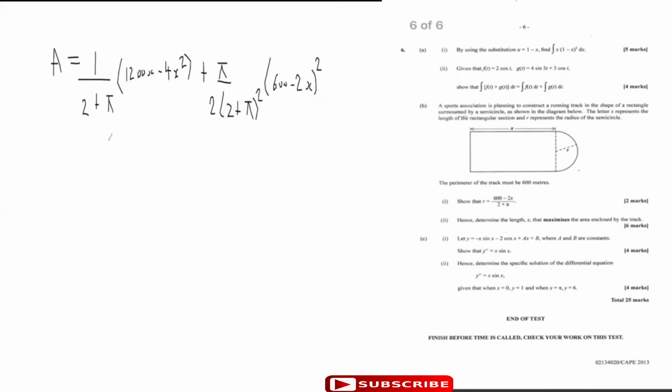Okay. Now it wants us to find the value of x that maximizes the area. So we need to find dA by dx and set it equal to 0.